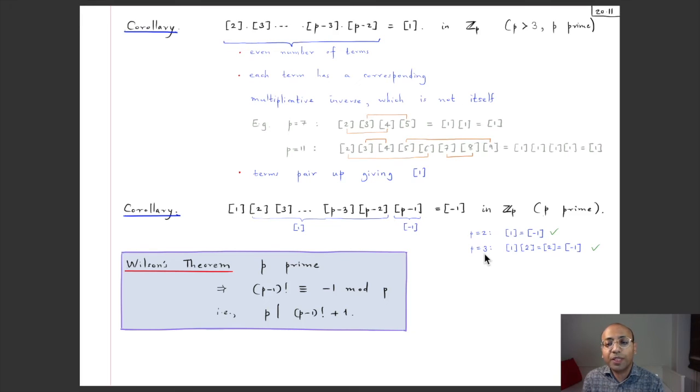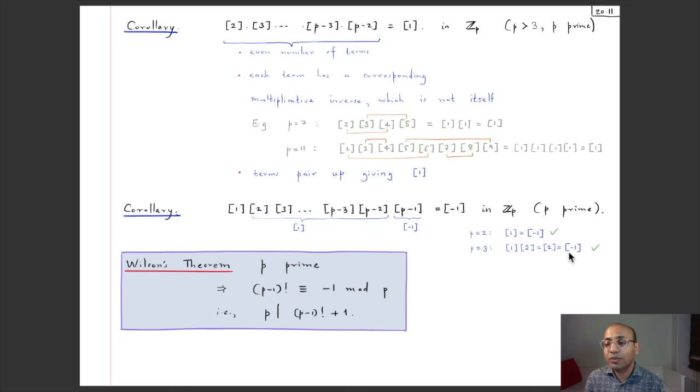And what happens when p is equal to 3? Well, in that case, this product starts from 1 and goes all the way up till 3 minus 1, which is equal to 2. So this product has just two terms, which is the equivalence class of 1 multiplied with the equivalence class containing 2. And the product of these two, by definition, is the equivalence class containing 2. And that we would like to show is equal to the equivalence class containing minus 1.